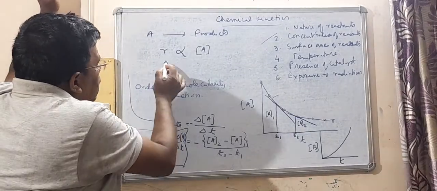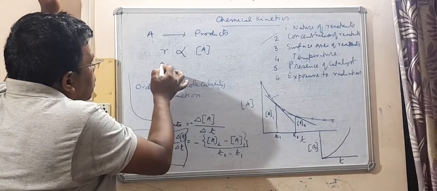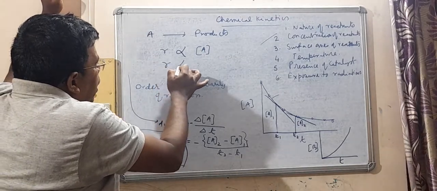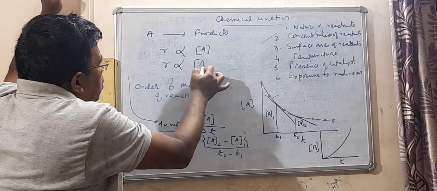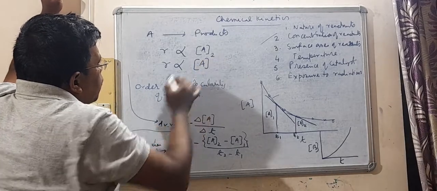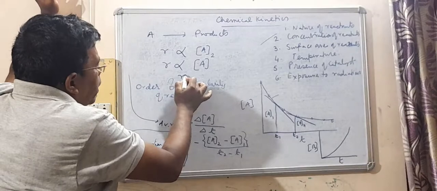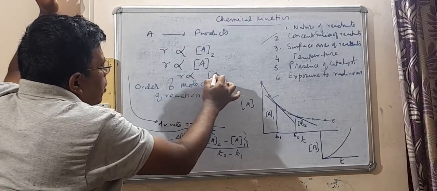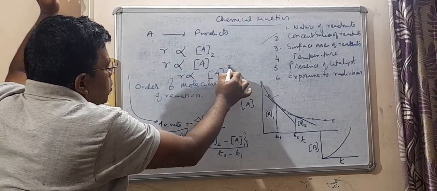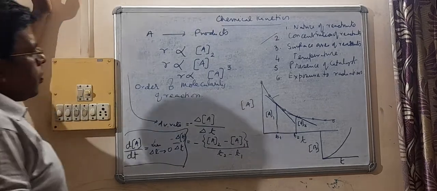Now, it can be like this also. Rate can be directly proportional to the second power of concentration. Rate can be directly proportional to the third power of concentration.